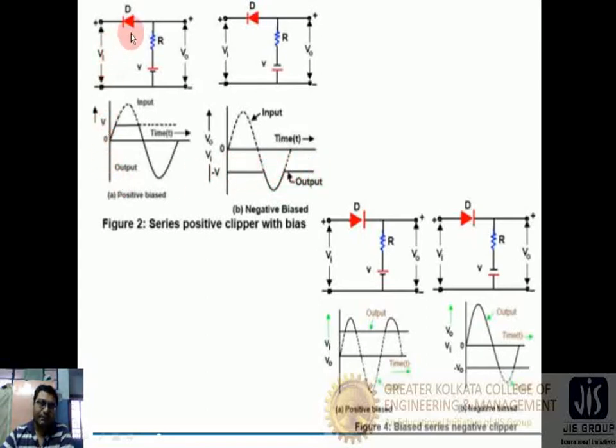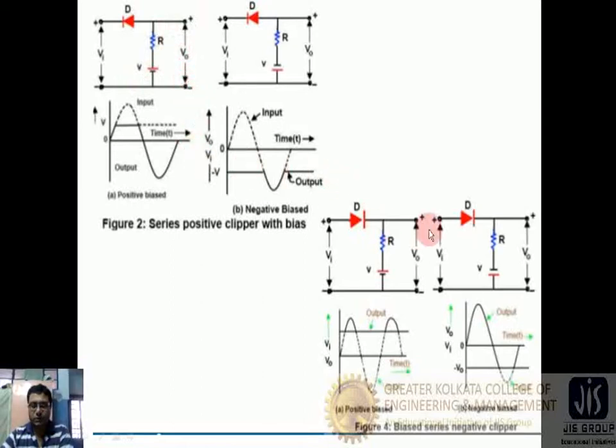All things happen because of the biasing of the diode. When the diode is in forward bias, the diode allows current to flow through this path, and when the diode is in reverse bias, there will be no current flowing through it, we only get the voltage potential of this battery or the voltage source across this Vout terminal.